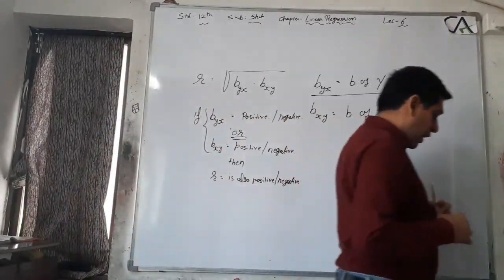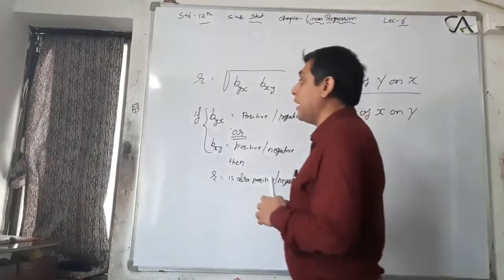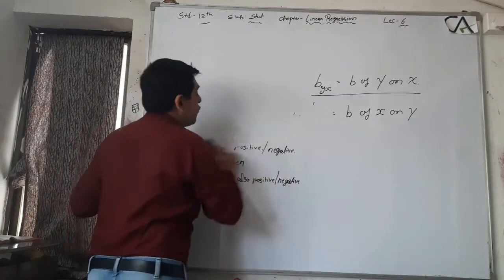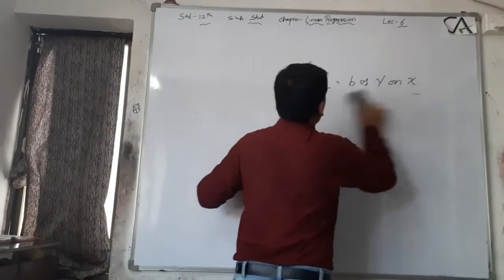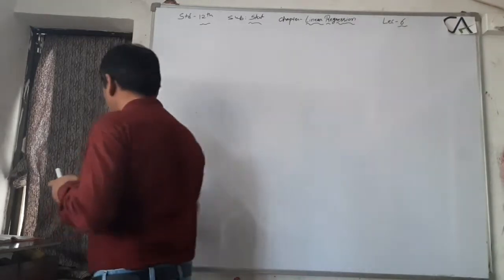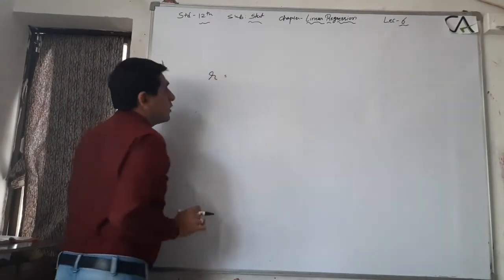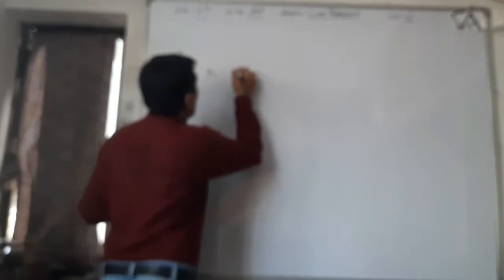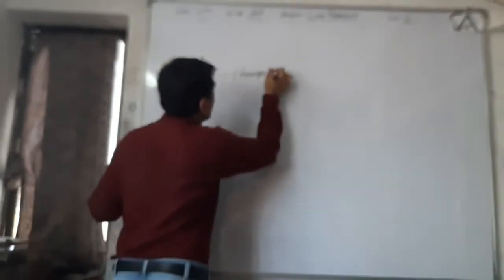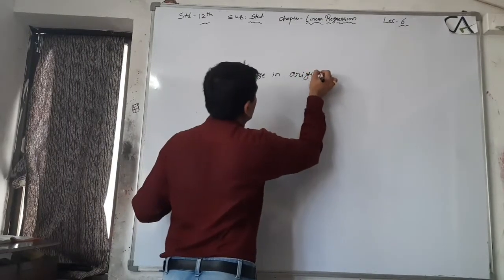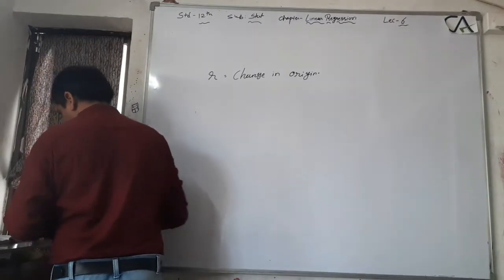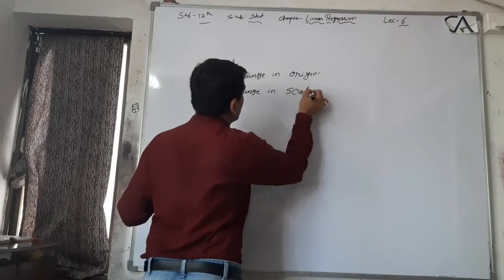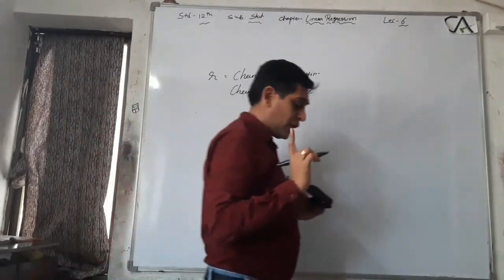If you remember, I told you in our regular lecture, correlation coefficient, chapter number 2, that R is independent of change in origin and change in scale. R, that is chapter number 2.